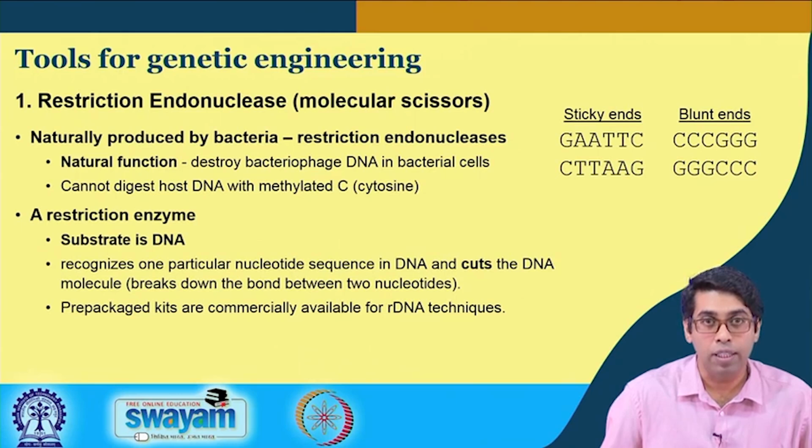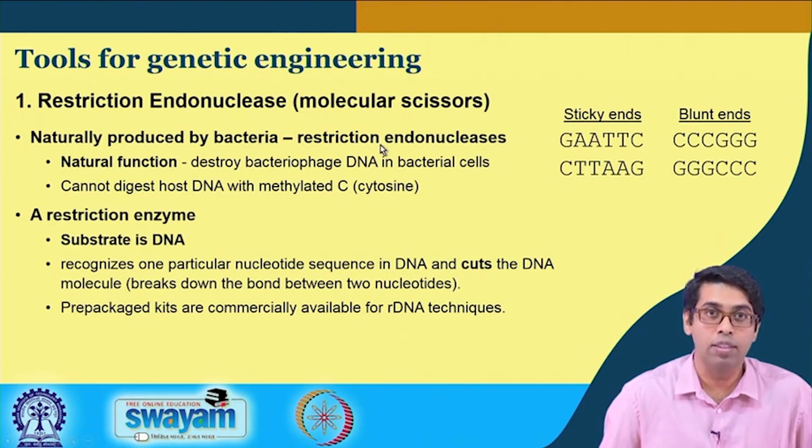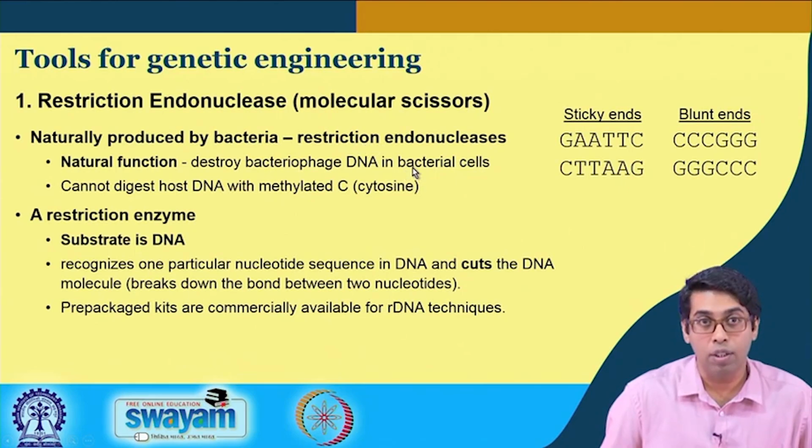When this virus inserts its DNA, it is foreign DNA, and that DNA is quickly digested or chewed upon by these enzymes called restriction endonucleases. Now, these enzymes do not act on the bacterial DNA because the host DNA has methylation on the C base, cytosine.